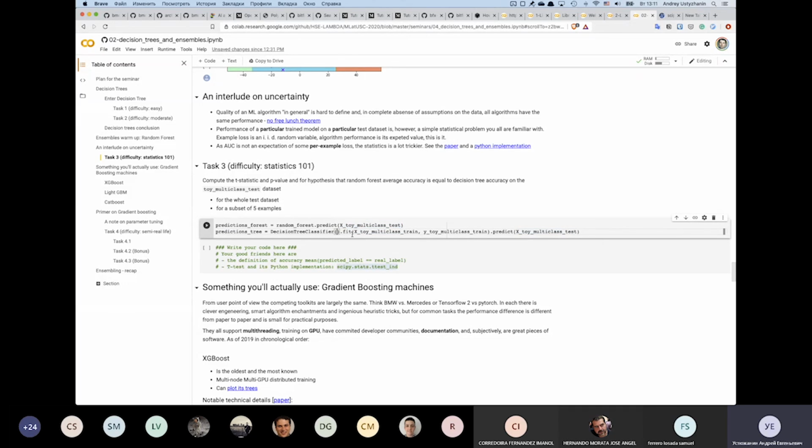For the decision tree, we also need to compare two cases: when it is simple, like here, with no additional arguments, and when we increase its depth to some meaningful value.